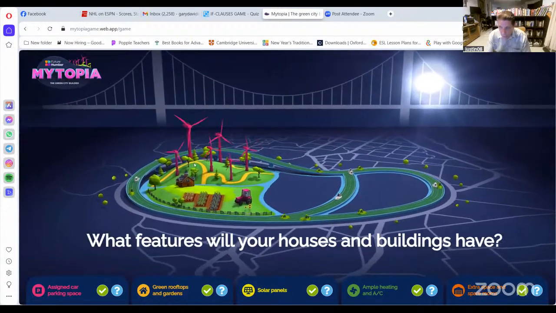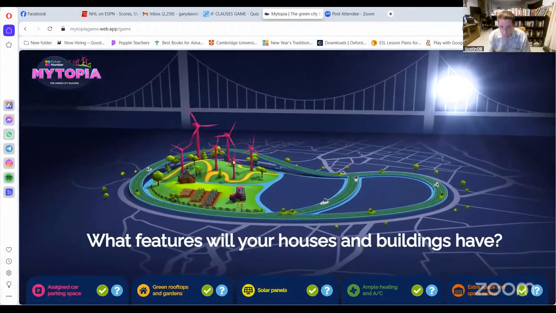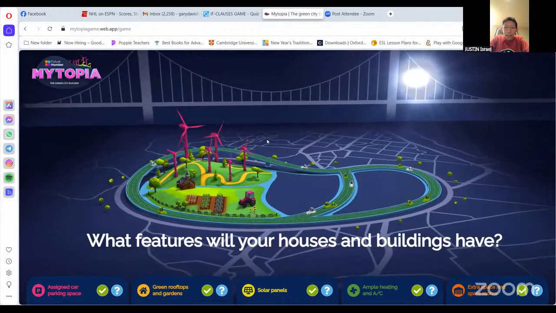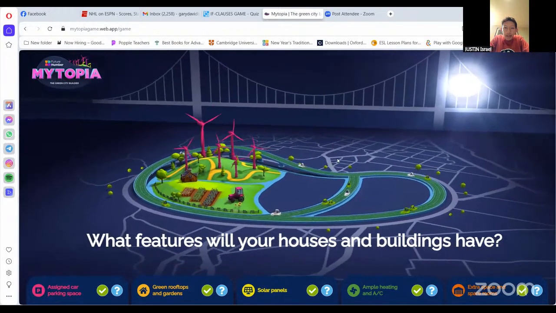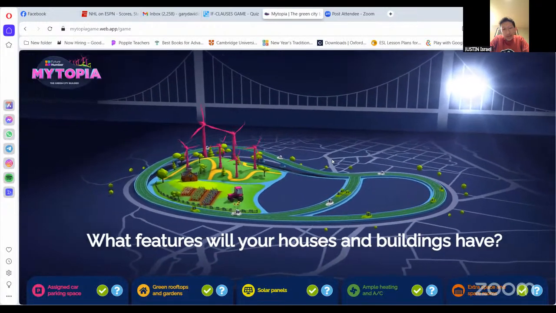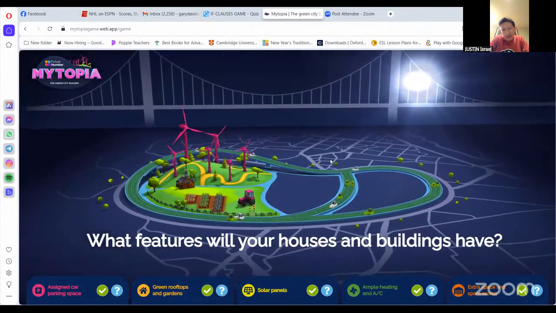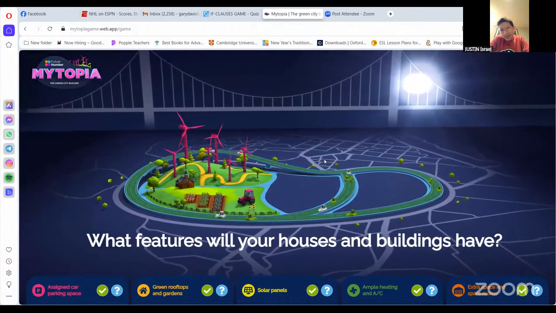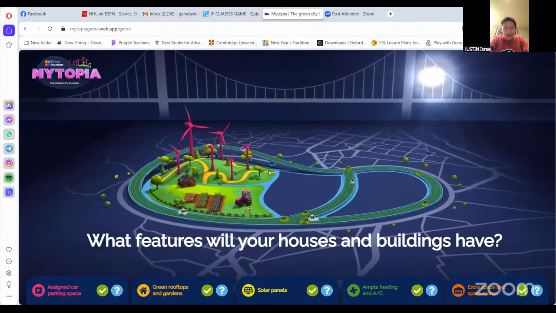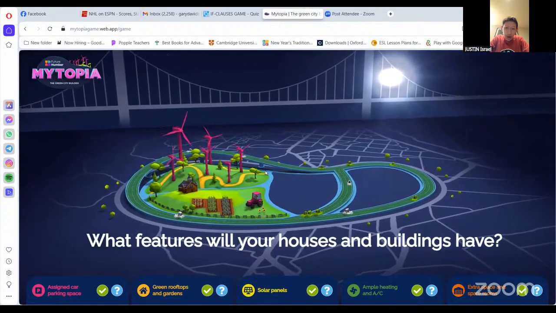And then what about the food quality? Do you think the food quality will improve? Yes, it will be better. Why is that? It depends on farmers as well, I think. Like what kind of fertilizer they use to grow.